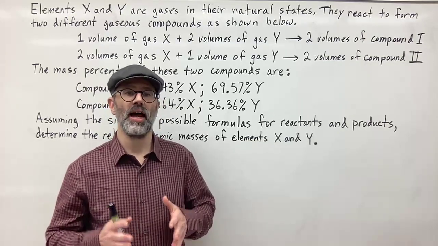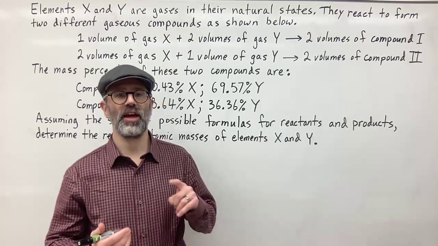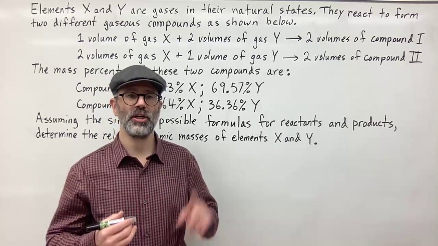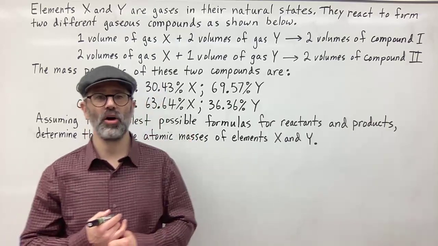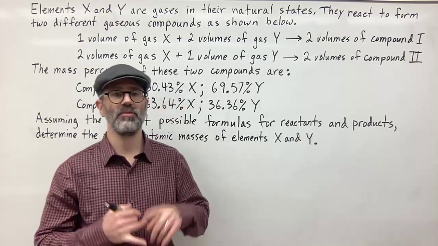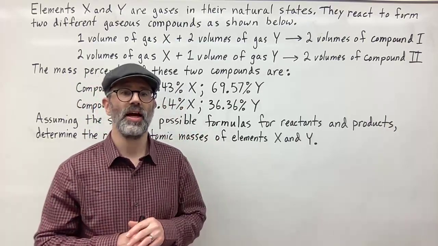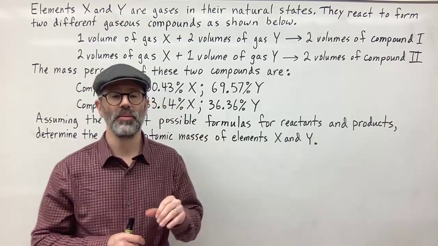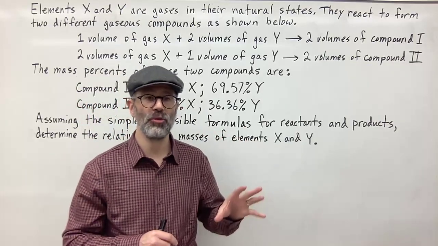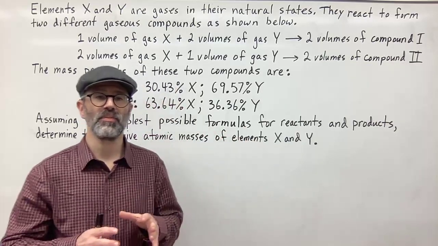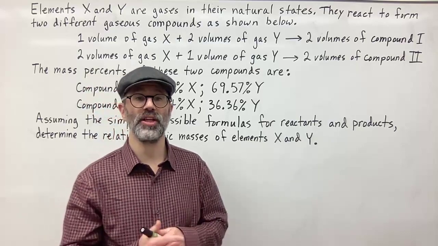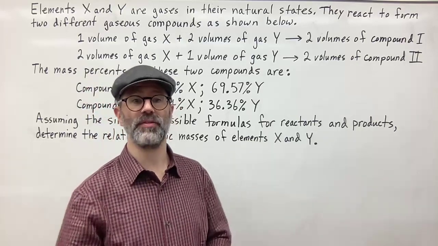So when we have gases under the same temperature and same pressure, that's going to allow the volumes to be proportional to the moles, or the amount of the gas.